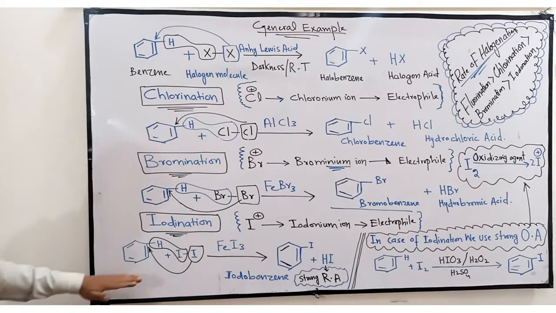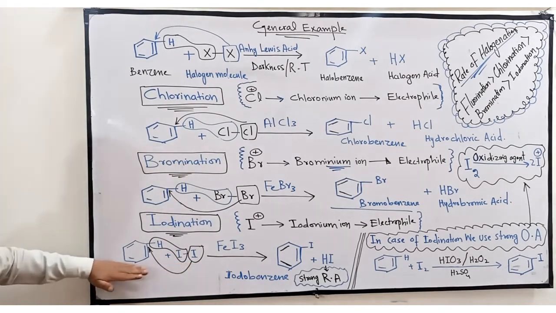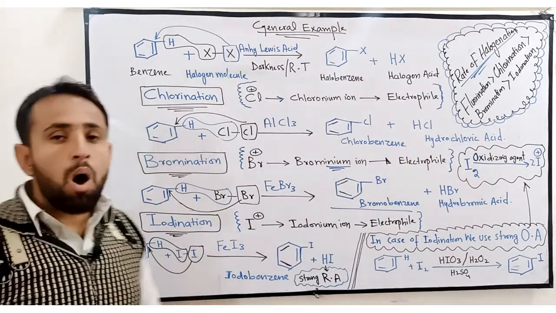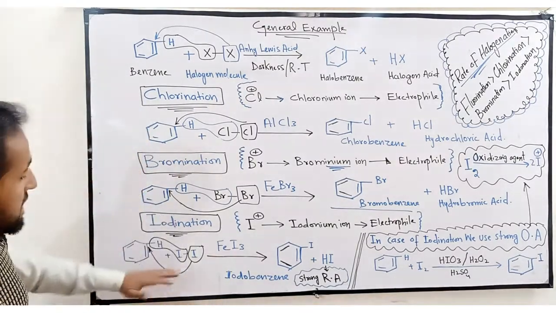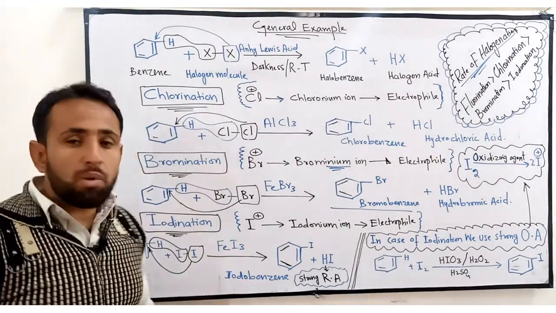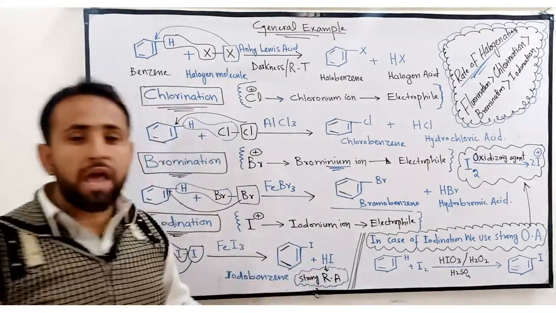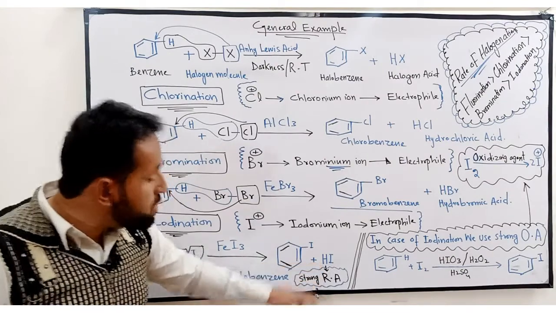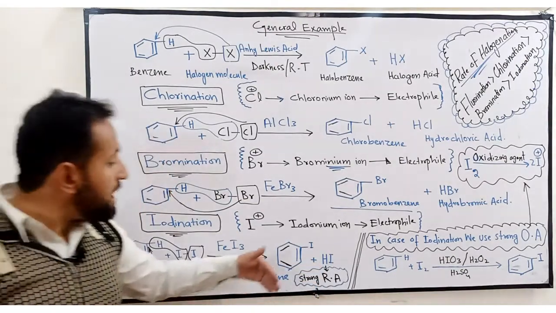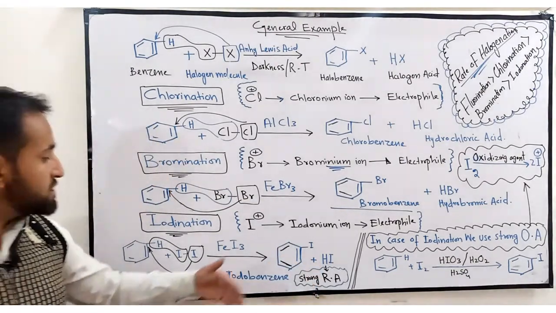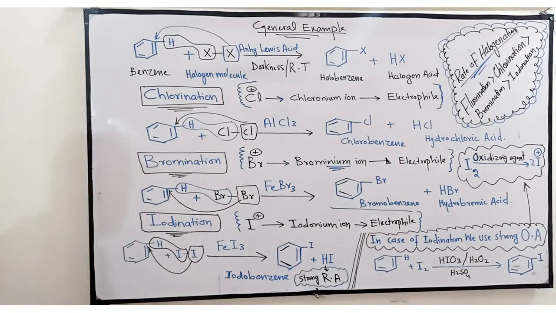If I react the iodine molecule with benzene in the presence of a Lewis acid, then no doubt iodobenzene will form as a product, along with HI, hydroiodic acid, which will also form as a side product during this reaction.